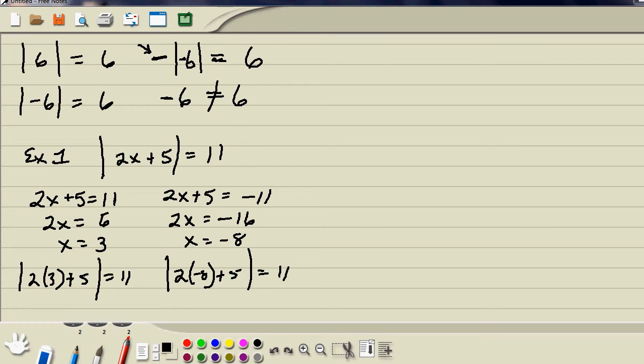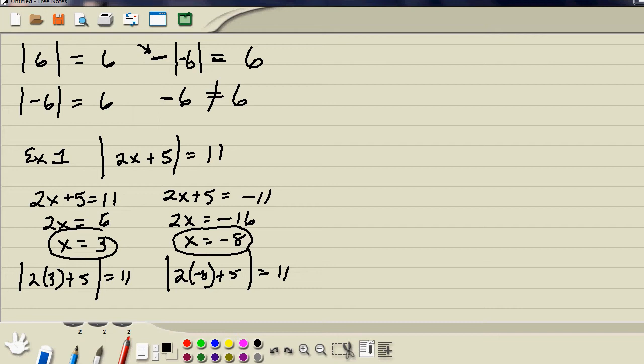A negative 16 plus 5 is a negative 11. And since it's absolute value, it changes it to a positive. And so those two are correct. There's now two solutions for this problem because of that absolute value. So the rule is that to drop the absolute value, you have to write two equations. And if you remember that rule, then this section will be very easy for you.